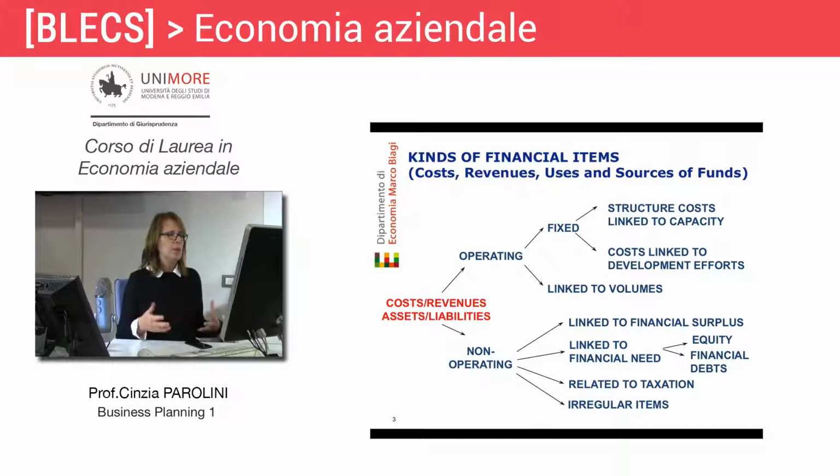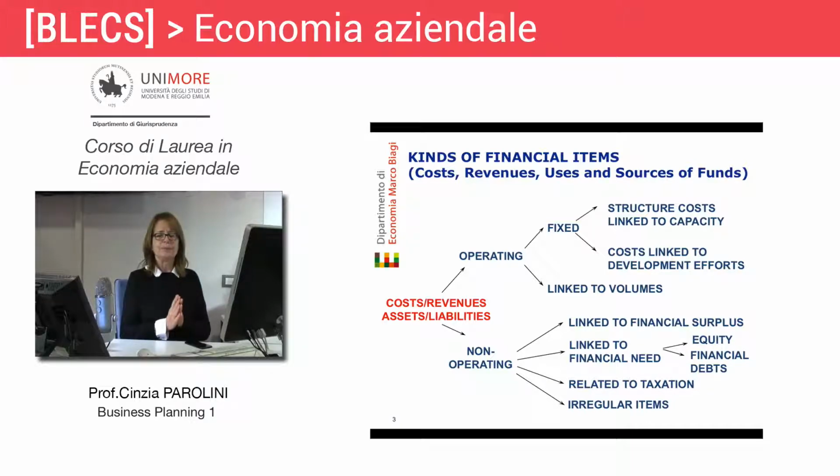Another important group of items is represented by non-operating items linked to non-operating activities. Here we have two main groups of non-operating activities. The first group is linked to the financials of our company. Here we may have two basically different situations.